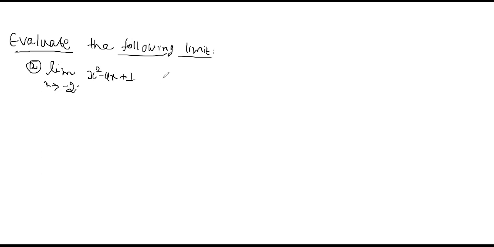Here you will put -2 directly. It will be minus 2 whole square minus 4 times minus 2 plus 1. It will equal 4 plus 8 plus 1, which is 13. You can put the direct value.